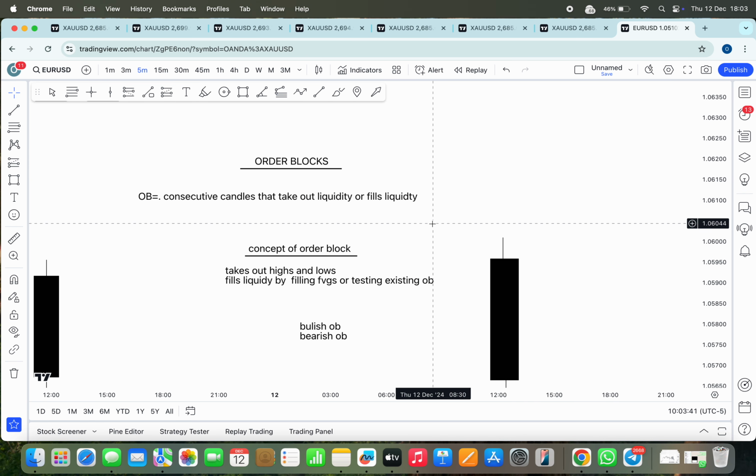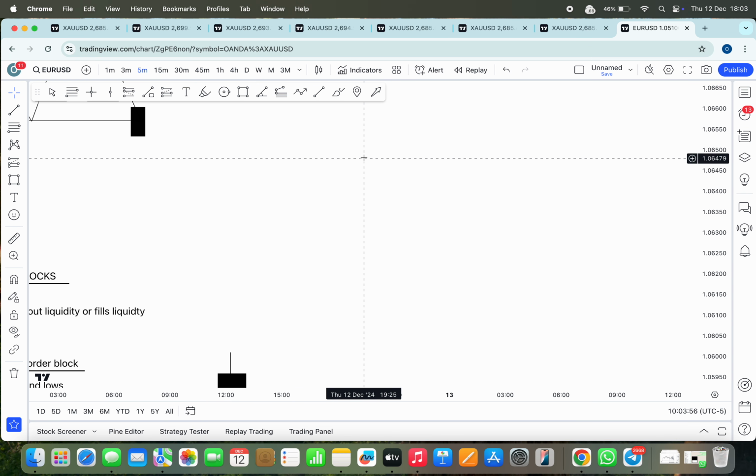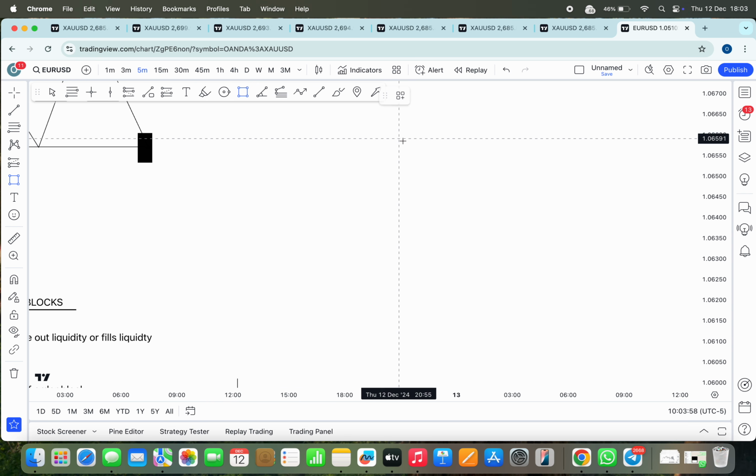Another concept of order blocks is that it takes out highs and lows and fills liquidity by filling fair value gaps over an existing order block. So when we talk about filling liquidity by fair value gap, let's say we had an FVG here.